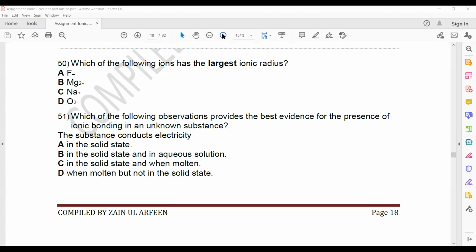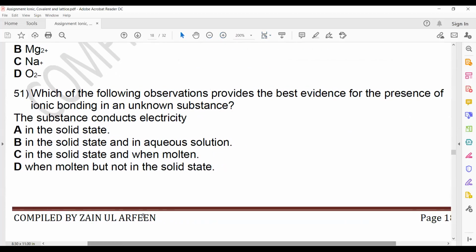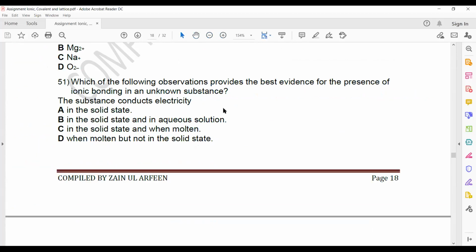Question 51. Which of the following observations provides the best evidence for the presence of ionic bonds in an unknown substance? Like, the best evidence that the substance is ionic.